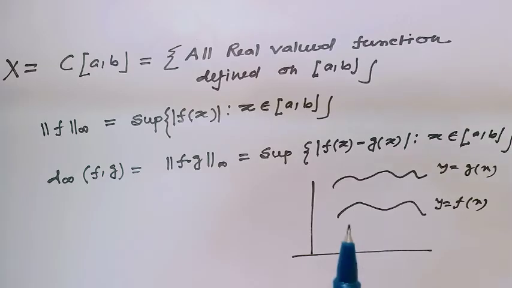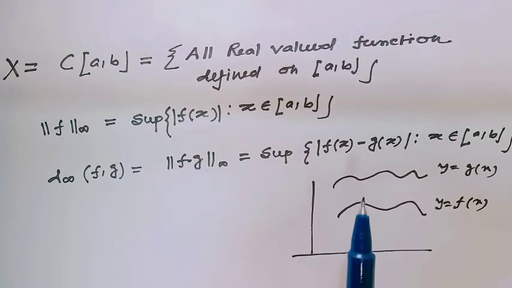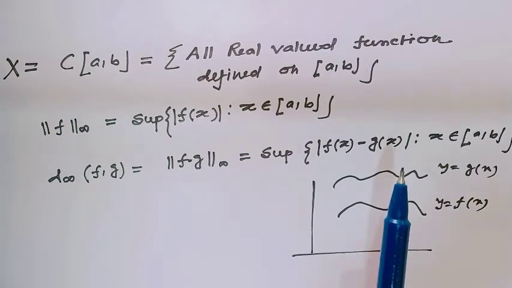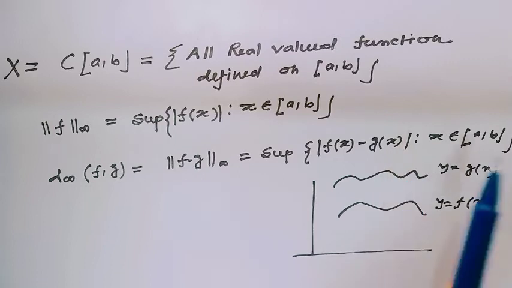But in the earlier video, I discussed only metrics on the spaces Rn, Cn, etc. Today I will look at a metric space on all real valued functions which are defined on a closed interval [a, b].